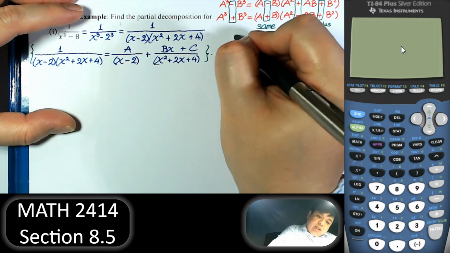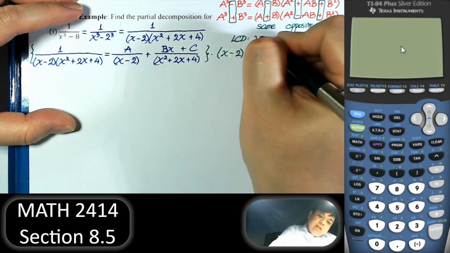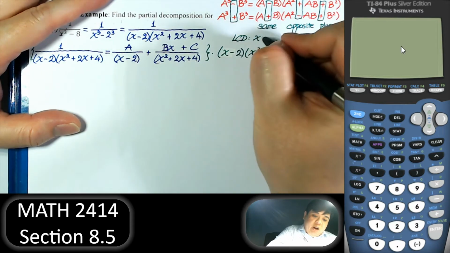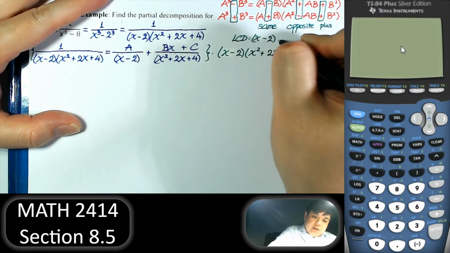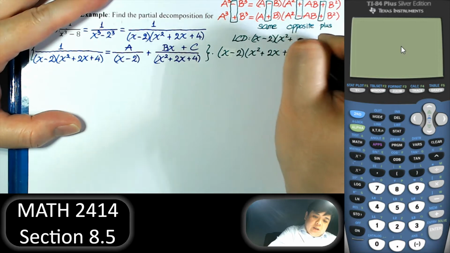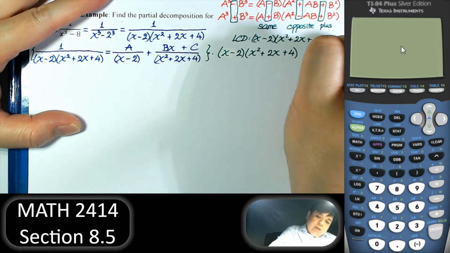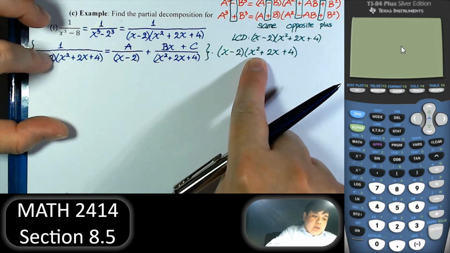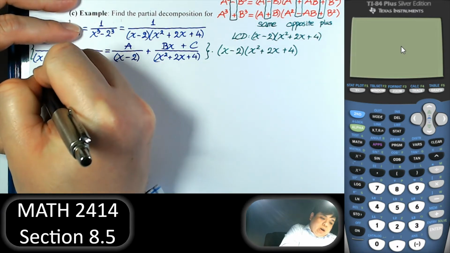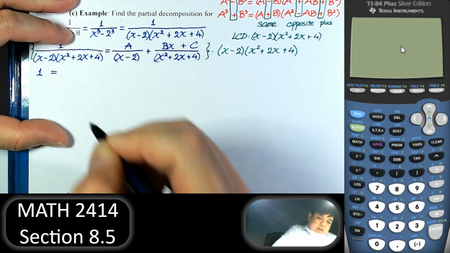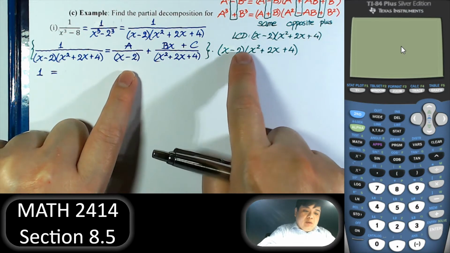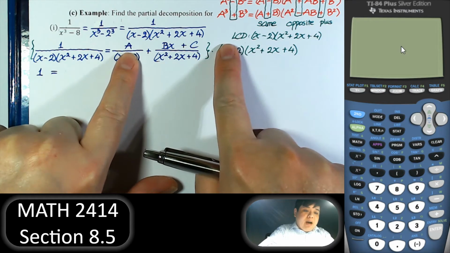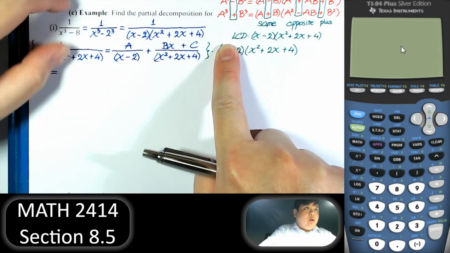That is usually just the denominator of the original fraction. Multiplying that to this, the left hand side is just 1. Now multiply this to the first part, x minus 2 cancels out, and we still have the quadratic factor.